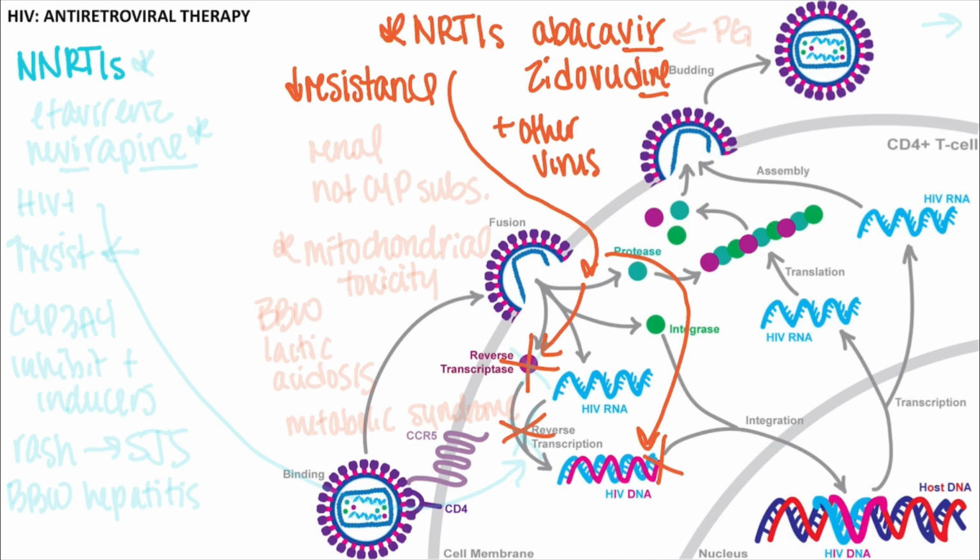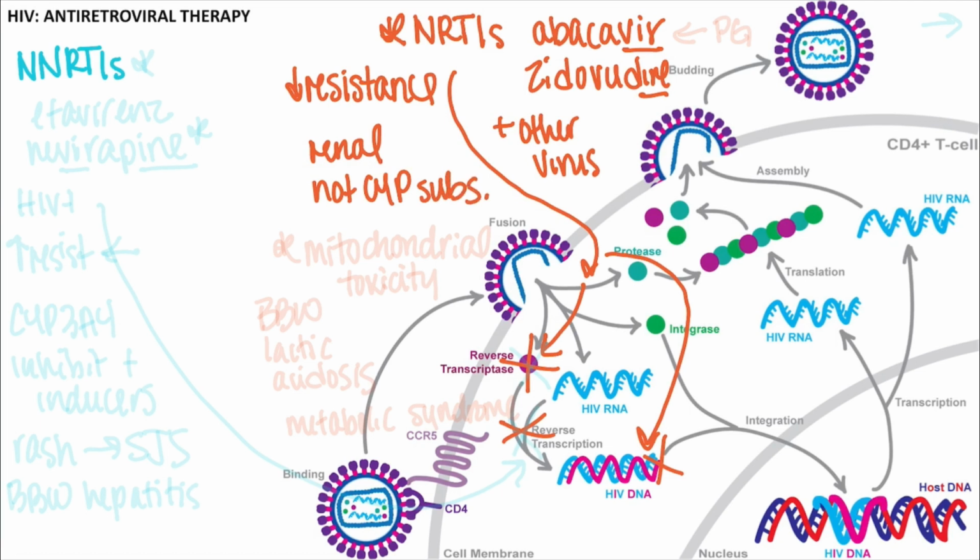As for pharmacokinetic considerations, these agents are not really involved in pharmacokinetic drug-drug interactions like some of the other agents we'll discuss in this video, because they are primarily renally excreted and go through glucuronidation. So these agents are not CYP substrates.